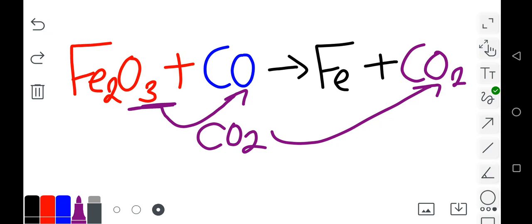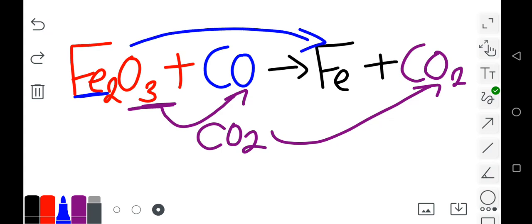So once the oxygen runs away from the iron 2 oxide in this hematite, we see that the iron metal is now formed, and this is what happens in the process where they do extract iron.